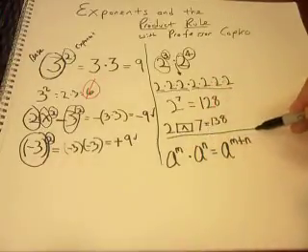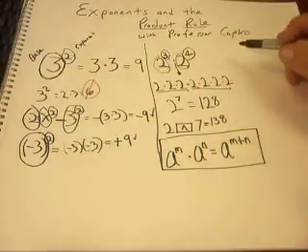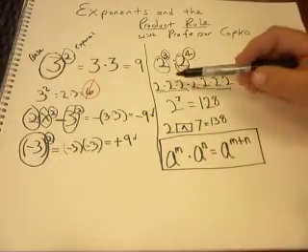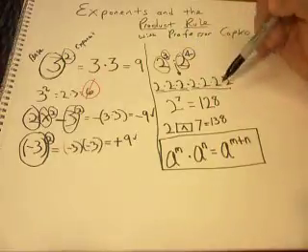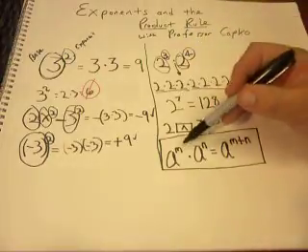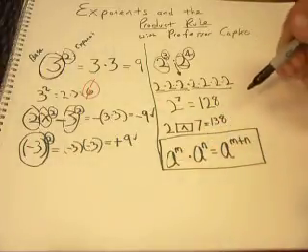This is the product rule for exponents. And you see it's true, because 3 plus 4 is 7, and that's what we wound up with. So that is showing you that it is true, and it works.